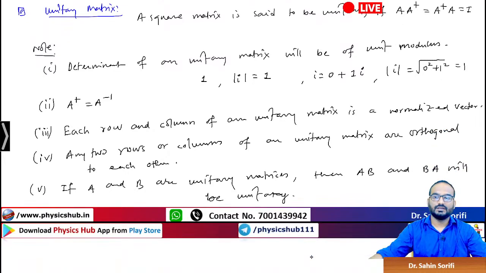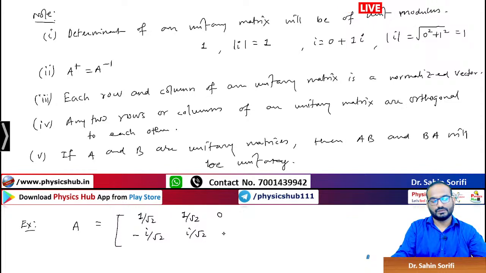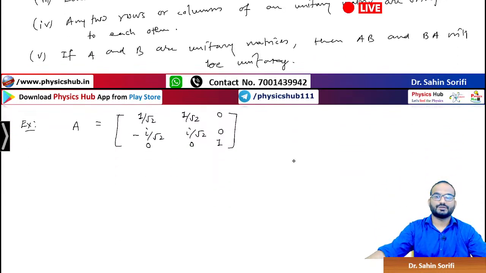If I take an example, let's say we have a matrix like this: A equals 1 upon root 2, 1 upon root 2, 0, minus I upon root 2, plus I upon root 2, 0, 0, 0, 1. Let's check whether it is a unitary matrix or not.